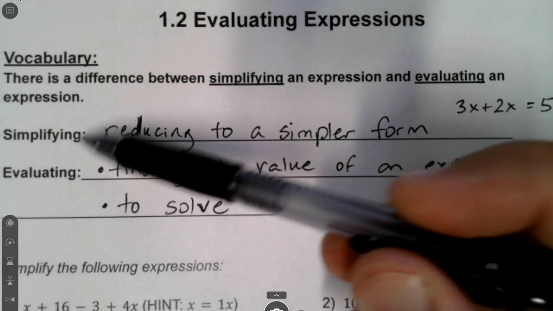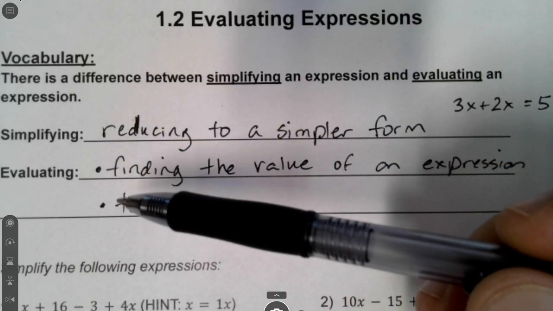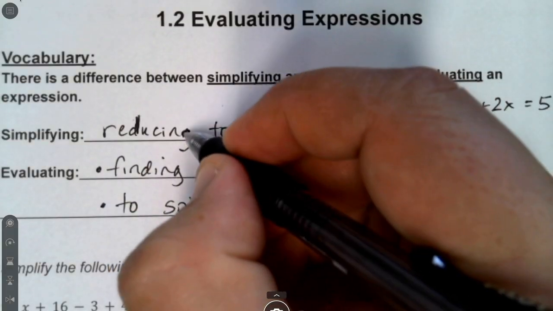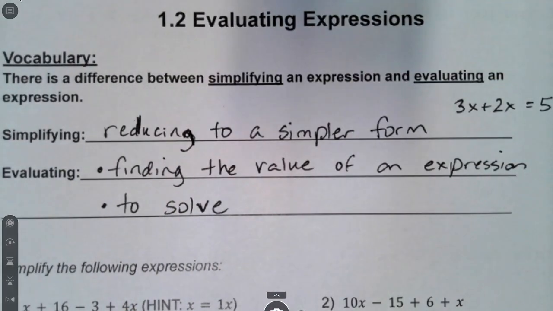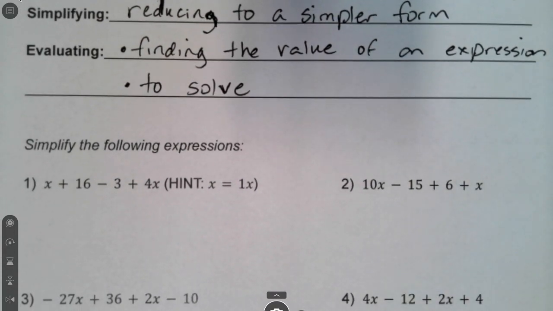Now, typically, you're going to be doing some of this in order to be able to solve or evaluate. That's why I have them both here. Partially because I want to make sure you understand the difference in the two terms, but also so that as you see what we're doing down here, they are related.